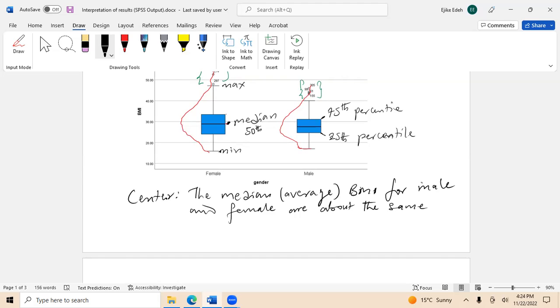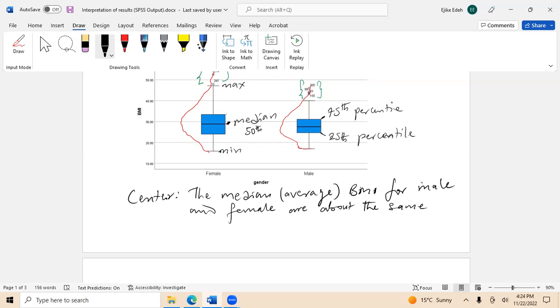Although if you're looking critically, you could say that the BMI for female is slightly higher than male. But we take an approximate outlook when doing this interpretation. So if you say that the median BMI for females is slightly higher than male, you are also correct, but this is a rough approximation.